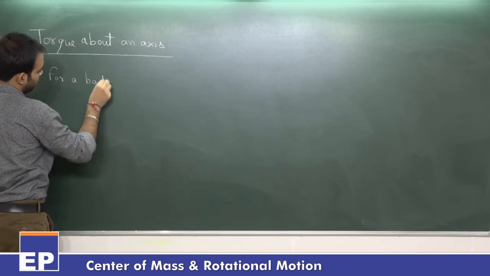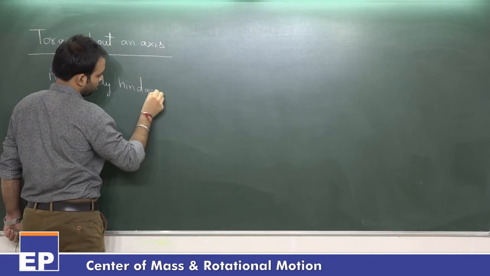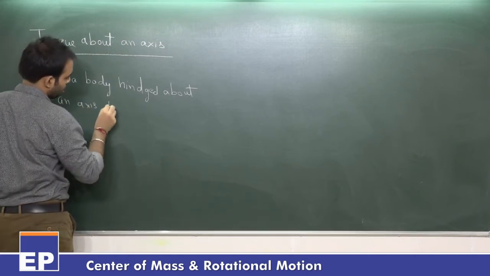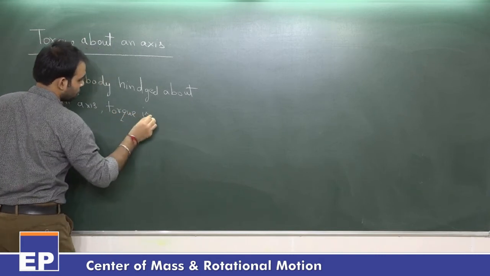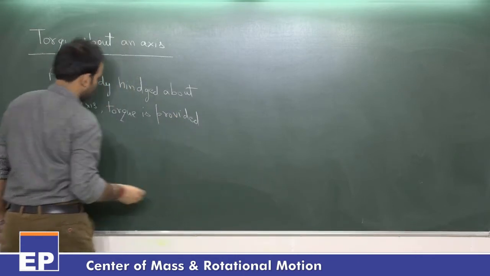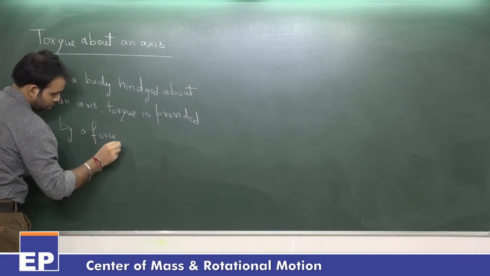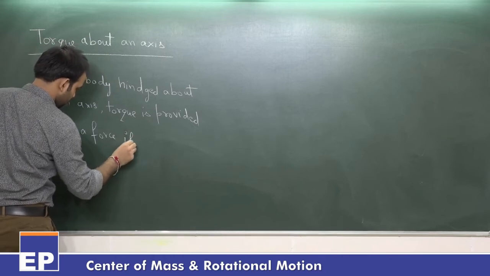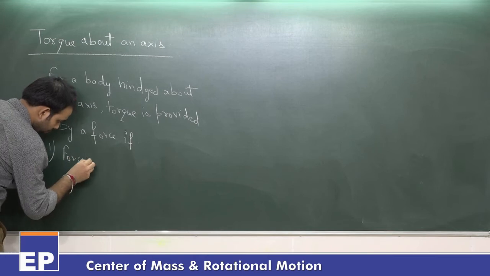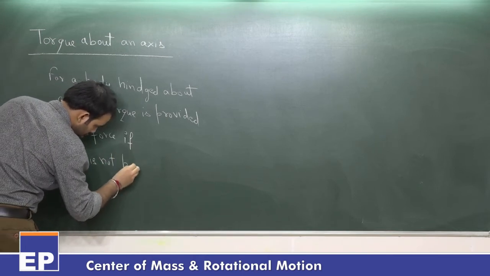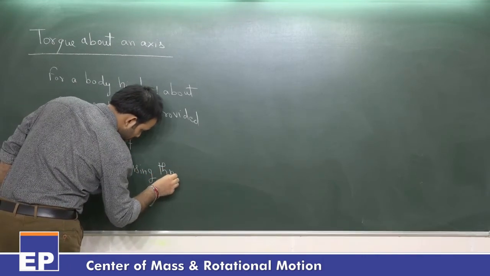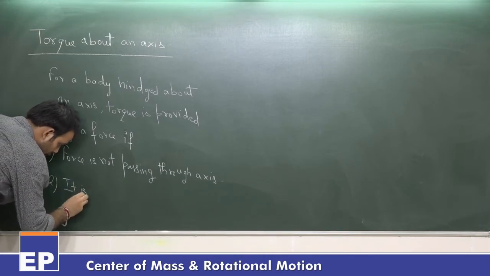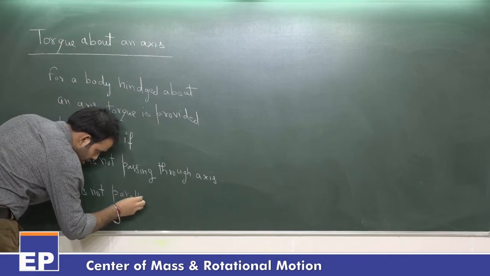For a body hinged about an axis, torque is provided by a force if the force is not passing through the axis and it is not parallel to the axis.